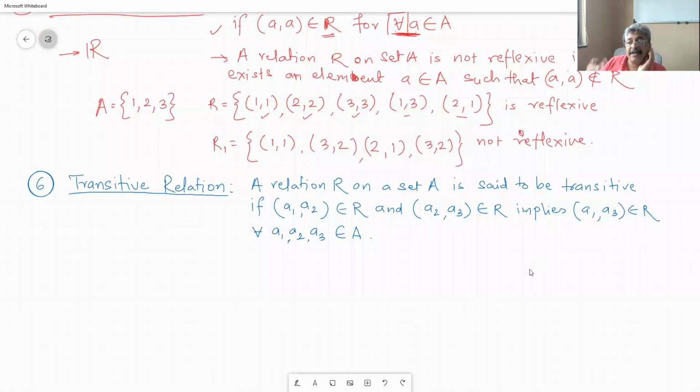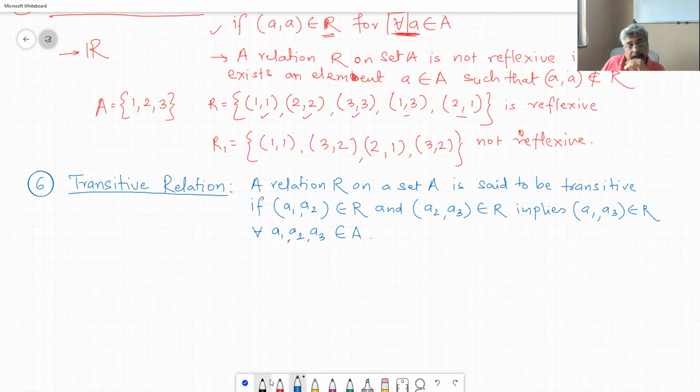It is a transitivity type of thing that is happening there. If (a1, a2) is part of the relation and (a2, a3) is part of the relation, and that implies (a1, a3) is also part of the relation, then the relation is said to be transitive. Say, for example, the set of natural numbers.